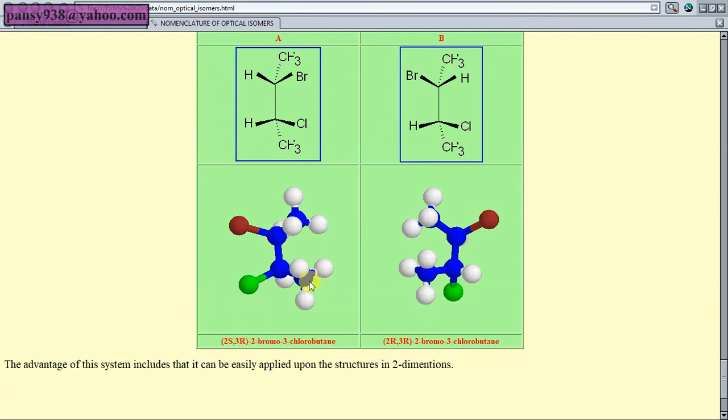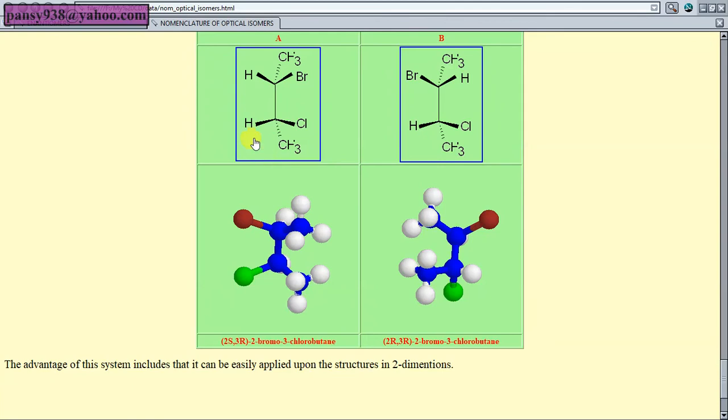Now at carbon number 3, again you see hydrogen, chlorine, carbon, and this carbon has the second priority because it contains a bromine. Turn the molecule in such a manner that hydrogen, which has the lowest priority, is at the back side, or do the same operation with this two-dimensional diagram.